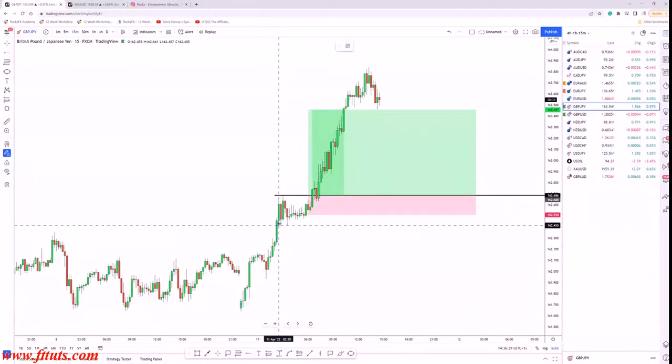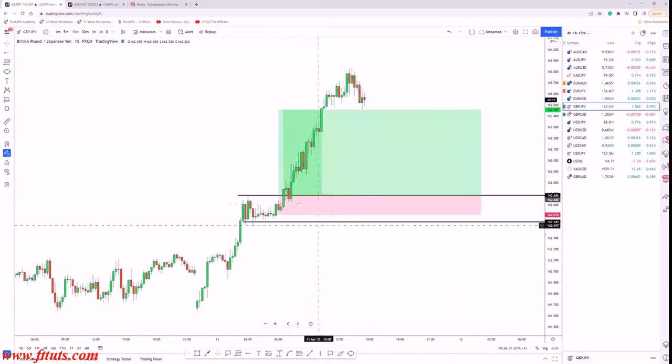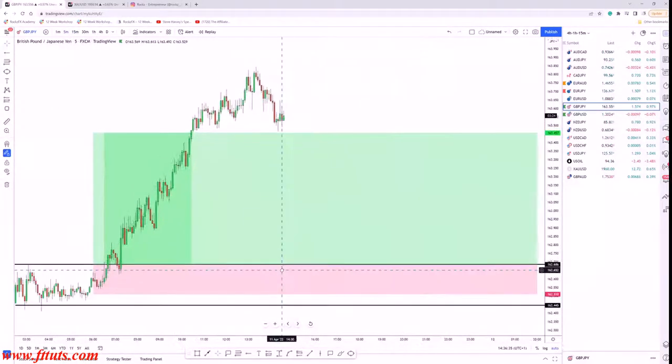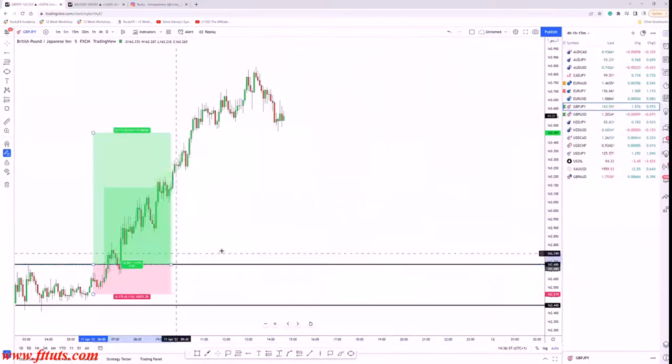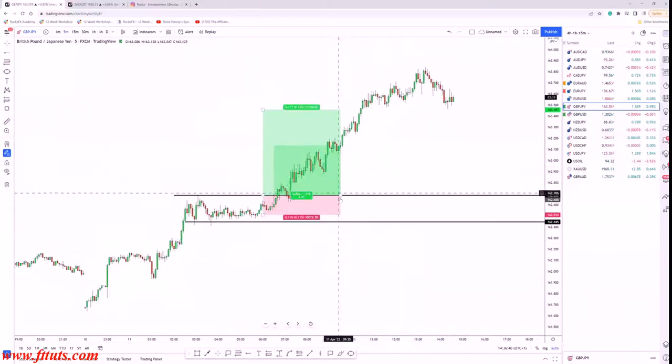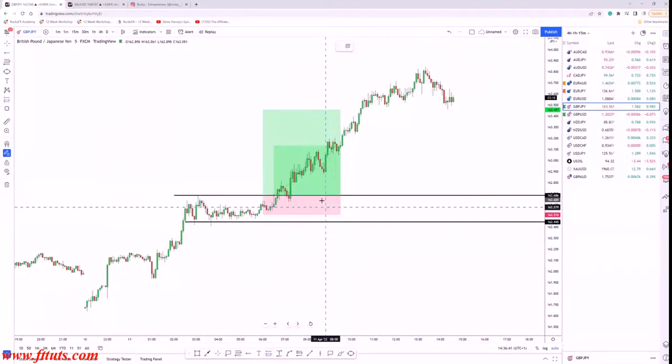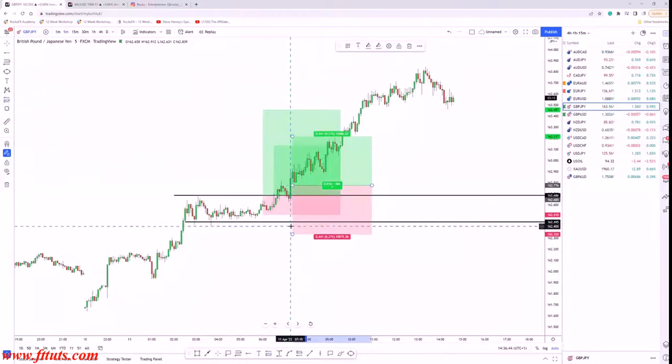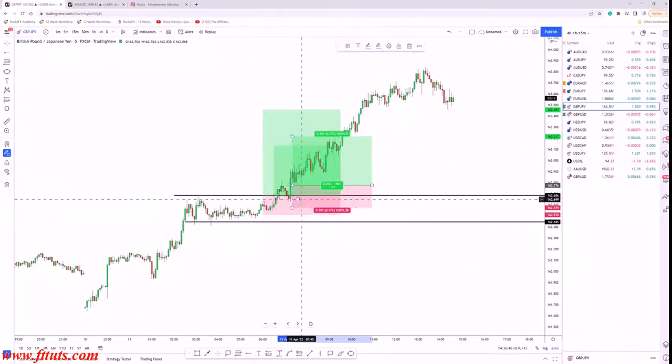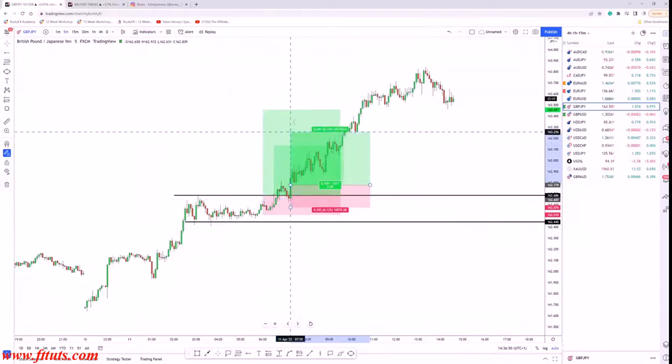This is not so pretty, but start doing things like this. Let's go 5-minute. I can see the pattern in a 5-minute. Watch the entry here, and here.